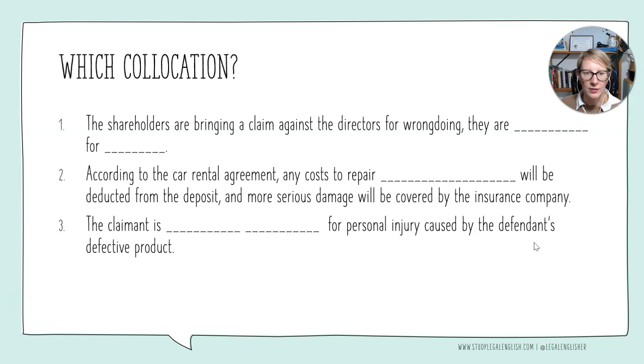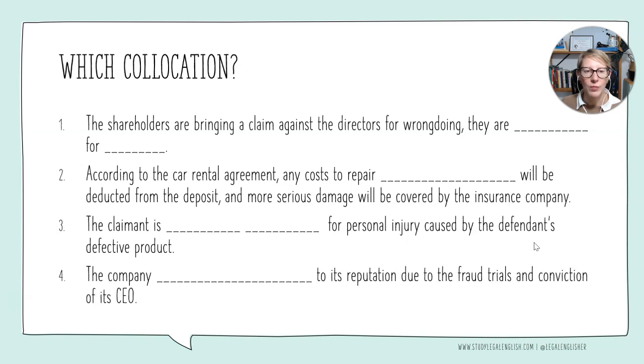What could it be? Okay, let's move on. Number 4. The company, to its reputation, due to the fraud trials and conviction of its CEO. Difficult. Okay, let's move on.